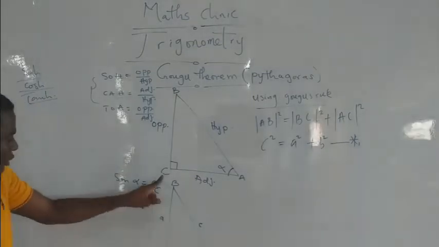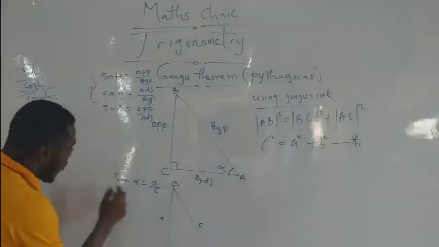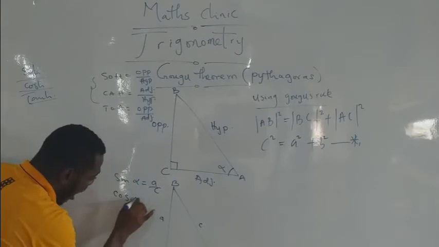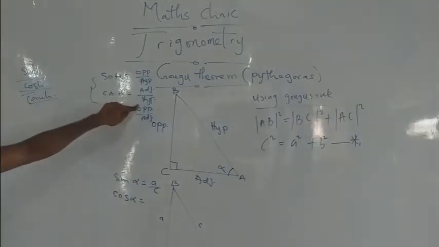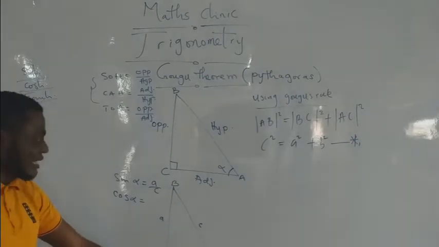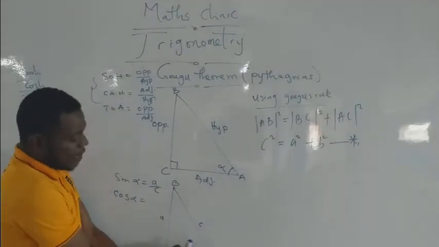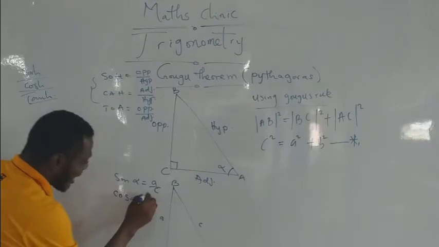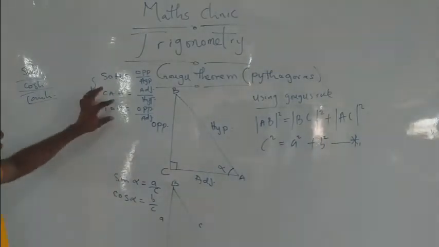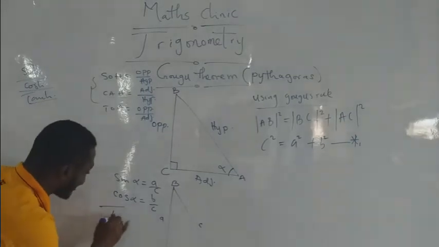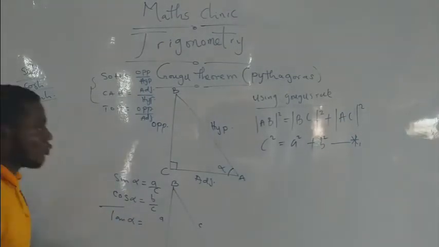Opposite over hypotenuse, a over c. Second one, we have cos alpha. Cos is adjacent over hypotenuse. This is the adjacent to this angle, so adjacent over hypotenuse is b over c. The third one is tan, that is tangent. Tan alpha will be equal to what?